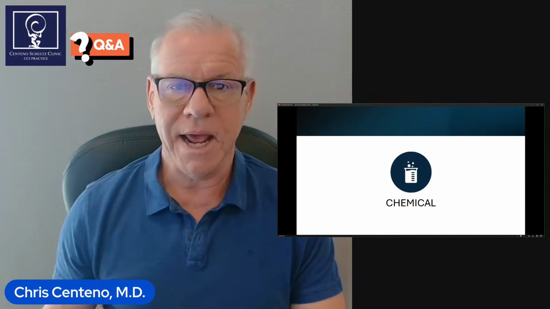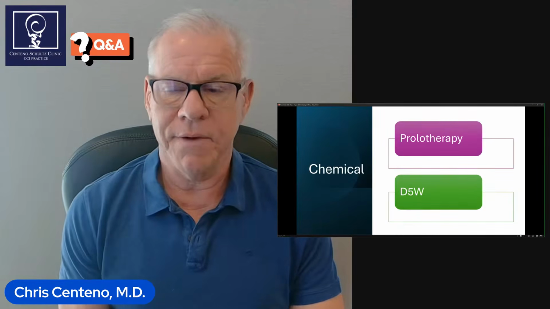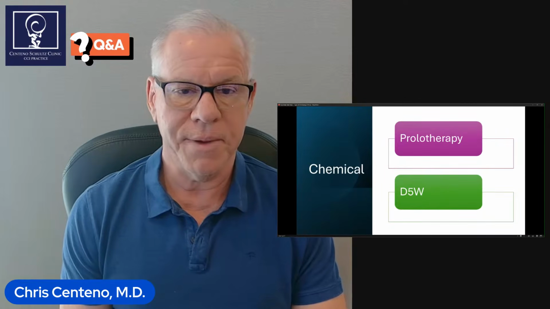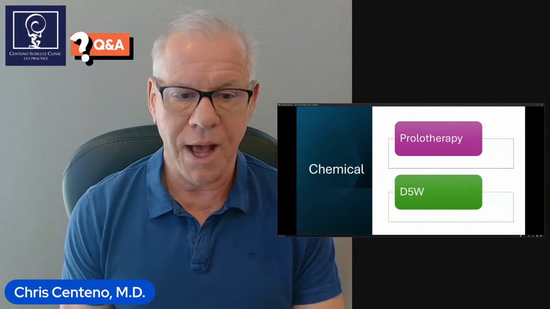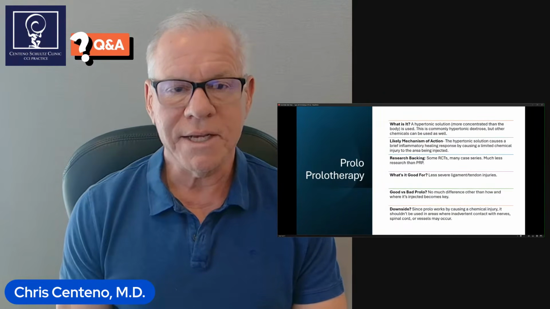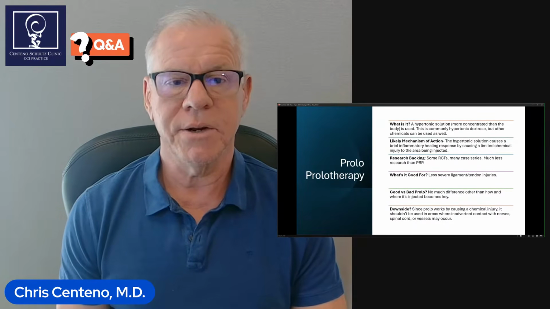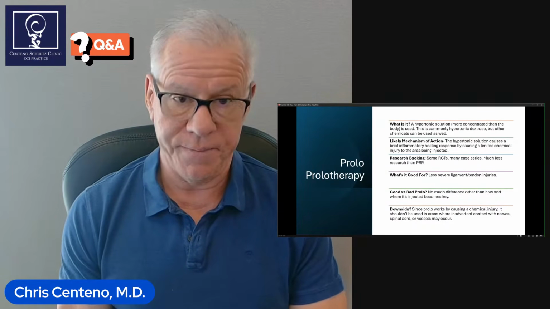So that's why it kind of fell out of favor. Then come the 1980s, and it kind of comes back into favor. So the two chemical types of orthobiologics are prolotherapy and D5W, at least the two most common. So in prolotherapy, what is it? It's a hypertonic solution, which means a solution which is more concentrated.